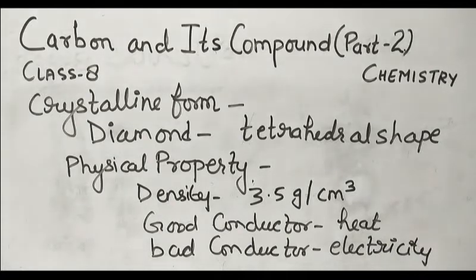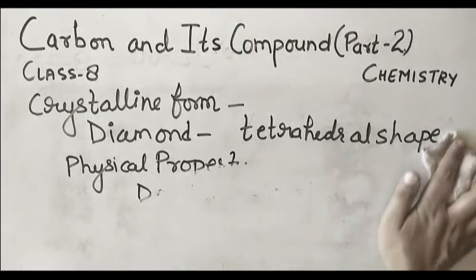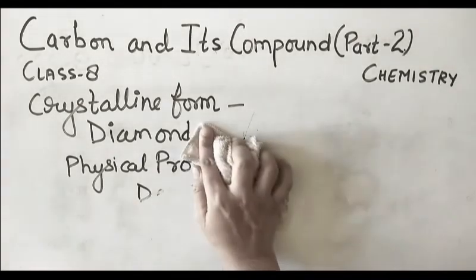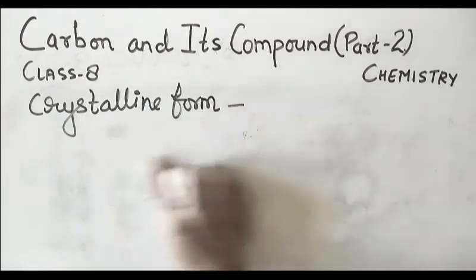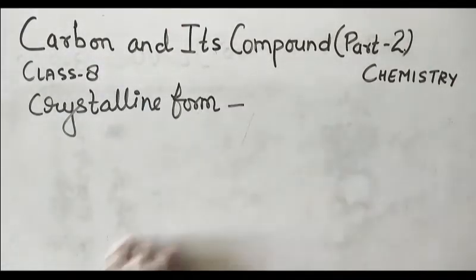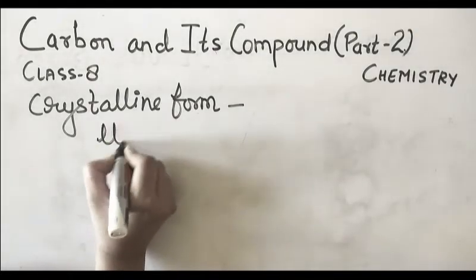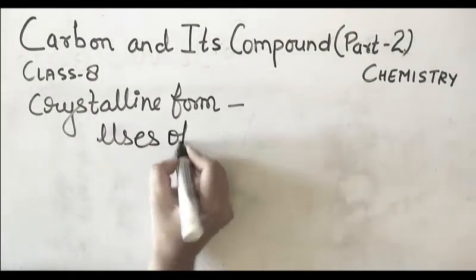Diamond burns at 850 to 1000 degrees Celsius in air. At such a high temperature it burns and forms carbon dioxide. Now let us see the uses of diamond.